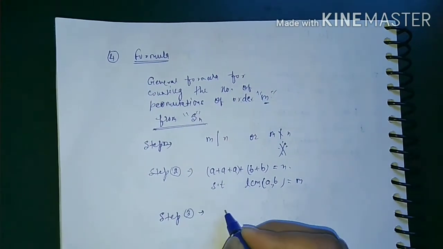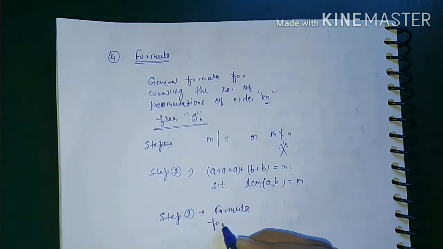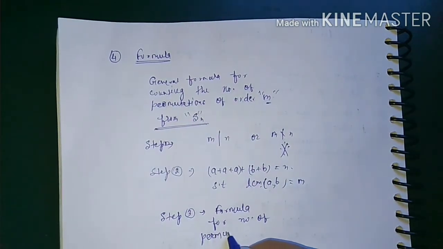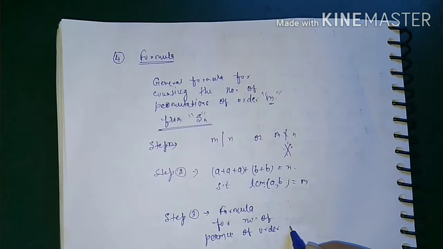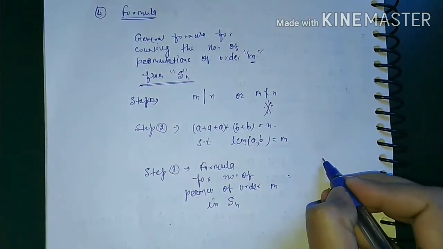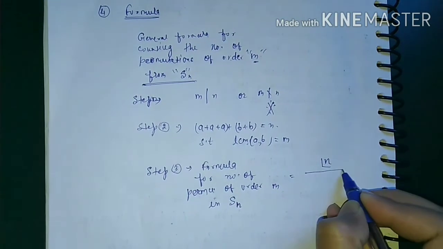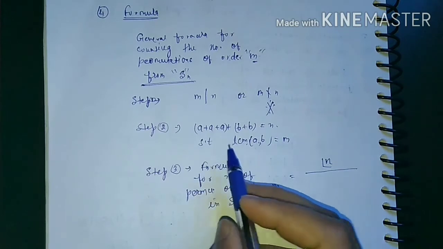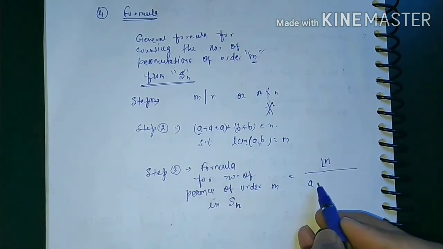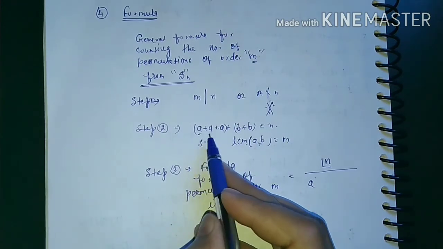In step 3, the formula for the number of permutations of order m in the group Sn is equal to, first, n factorial in the numerator, and upon it, first we write a number from the partition, that is a, and in the power of a we write how many times a repeats itself, that is here 1, 2, 3, 3 times.